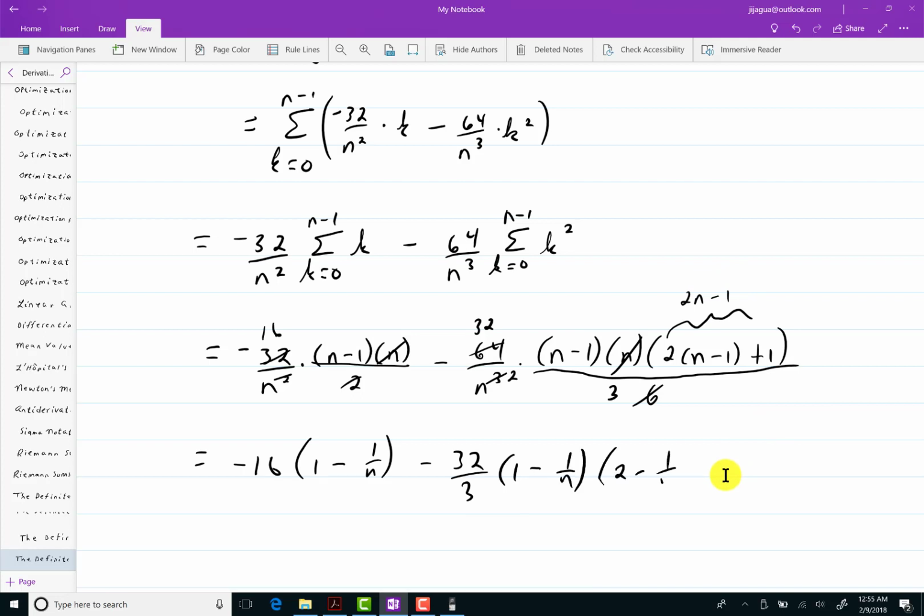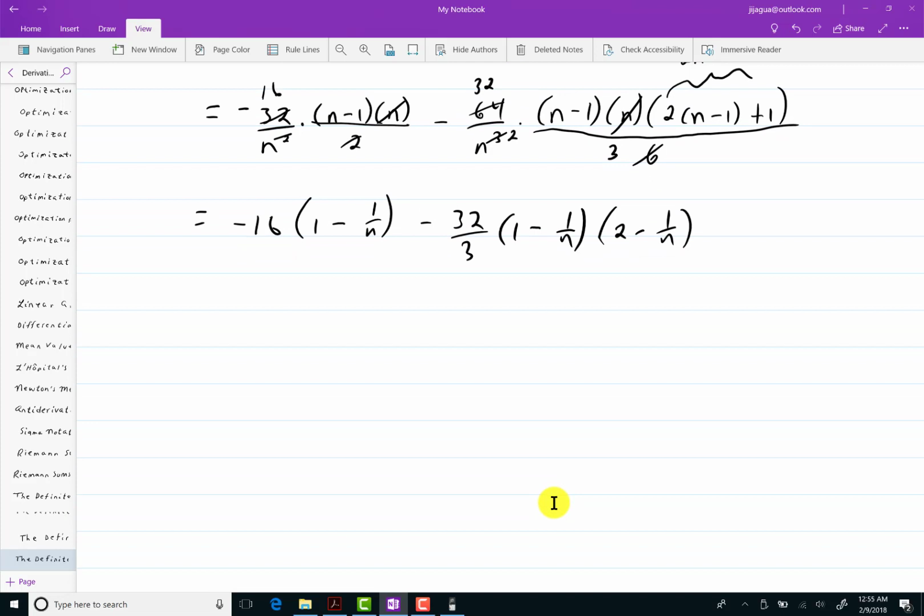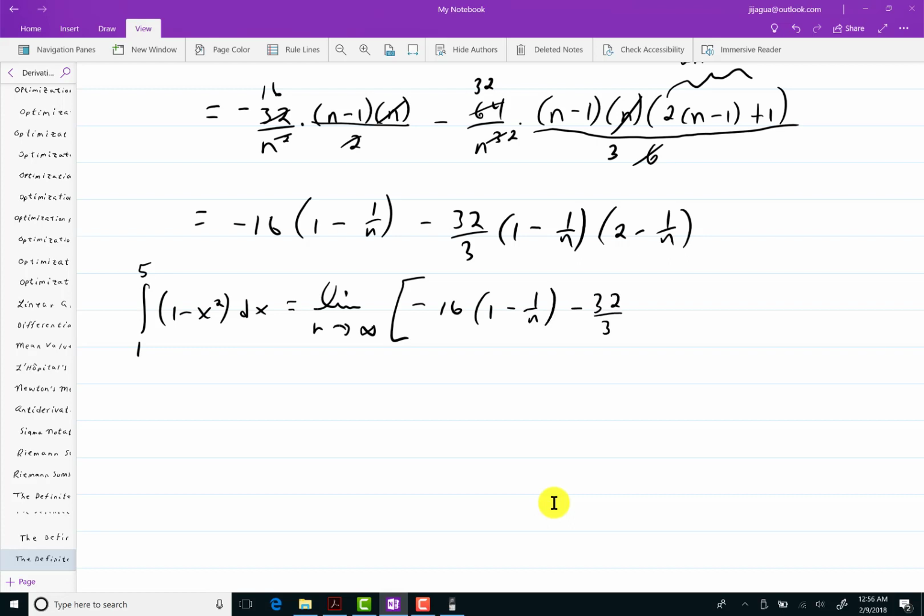See, the deal is, whether it's plus 1 over n or minus 1 over n, it's the same limit either way. So the integral from 1 to 5, 1 minus x squared dx equals the limit as n goes to infinity, negative 16 times 1 minus 1 over n, minus 32 over 3 times 1 minus 1 over n, times 2 minus 1 over n.